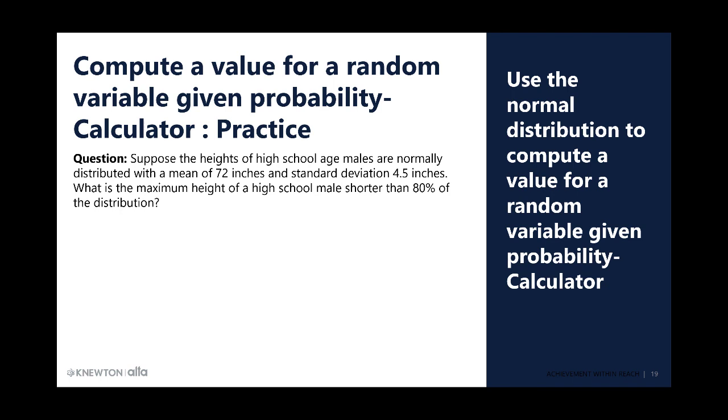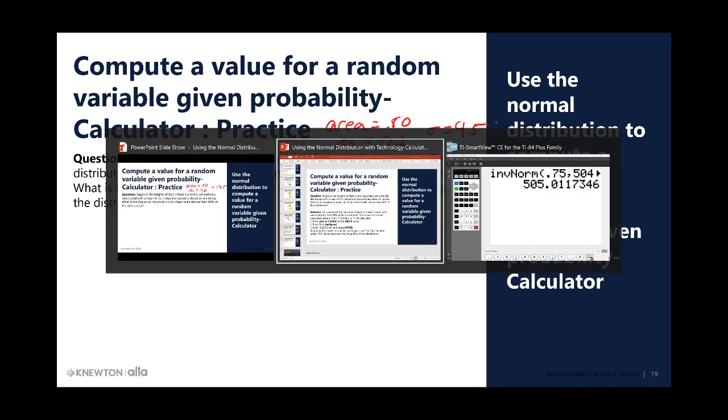So to do that, that means the area to the left is 0.80. So maybe we should make note of that. The area is 80, the mean is 72, and the standard deviation is 4.5. Let's feed that info into our calculator here.